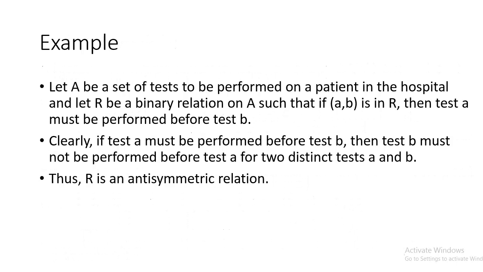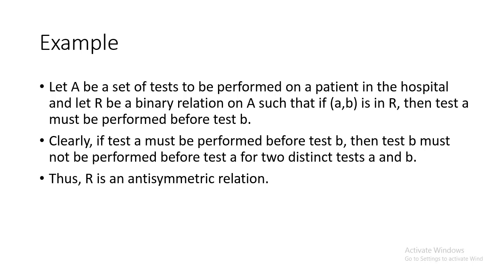Next, see here one example of the antisymmetric property. Suppose A is a set of the tests to be performed on a patient in the hospital, and let R be a binary relation on set A, such that if (a, b) is in relation R, then test a must be performed before test b.